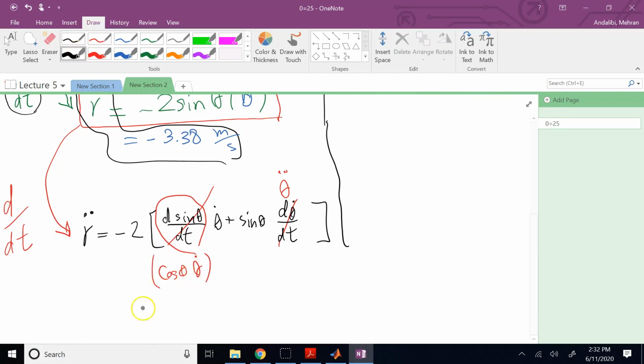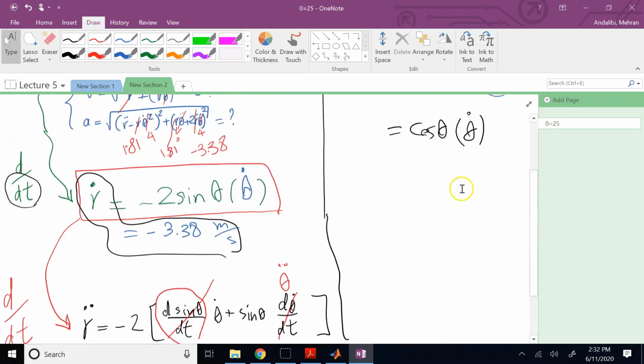And so if I simplify it, I get r double dot is equal to -2 times cosine theta times theta dot squared, and then -2 times sine theta times theta double dot. This is the correct way to get r double dot.